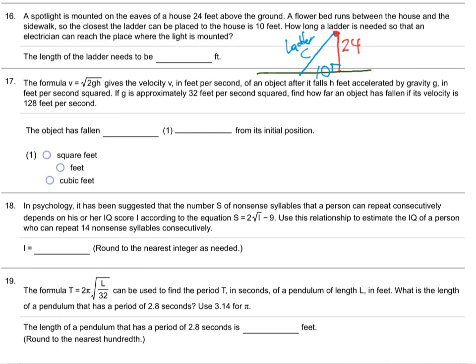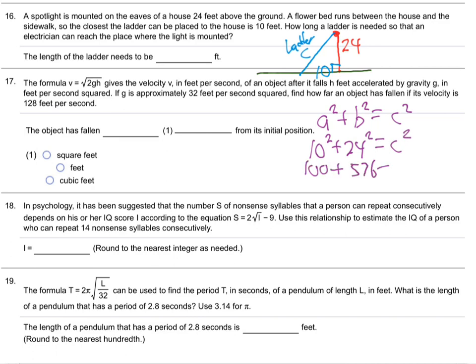So it's a right triangle. And so our formula is? A squared plus B squared is C squared. 24 squared, plus 10 squared. Now, which one's C? Oh, we already said it. The ladder. 576 plus 100.